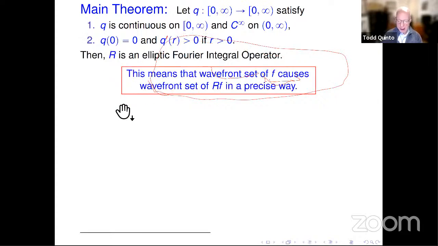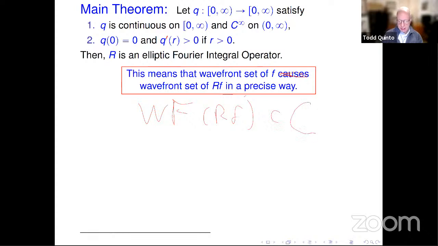Good. Now, if you don't know about Fourier integral operators, the important thing is that the wavefront set of f affects the wavefront set of Rf. In other words, the wavefront set of Rf is contained in some relation C applied to the wavefront set of f.